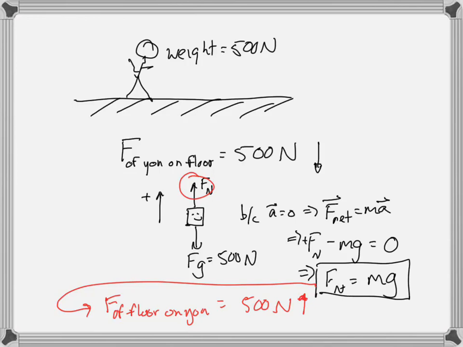So therefore, by Newton's third law, because the force of the floor on you is 500 newtons up, the force of you on the floor is 500 newtons down. This is the force of A on B is 500 newtons up. Therefore, the force of B on A is 500 newtons down. That's how I know the force on the floor is 500 newtons. It's not because my weight is 500 newtons. And we'll do an example in an elevator to show that's not necessarily true, right? So we'll do that example coming up soon.